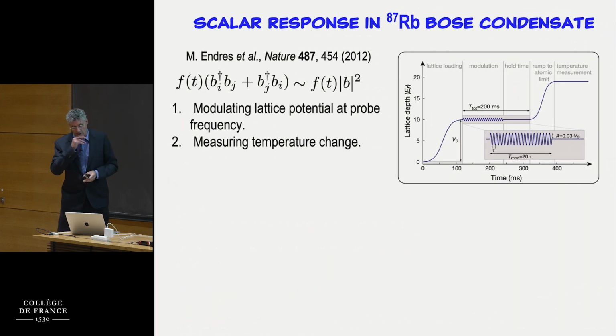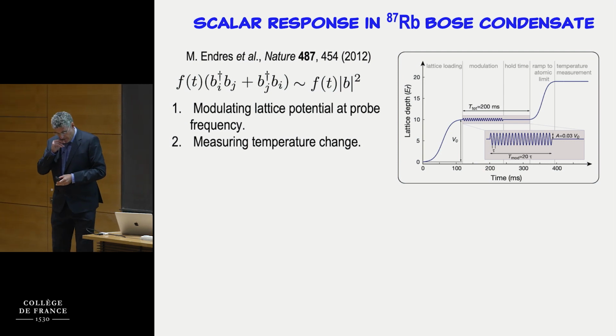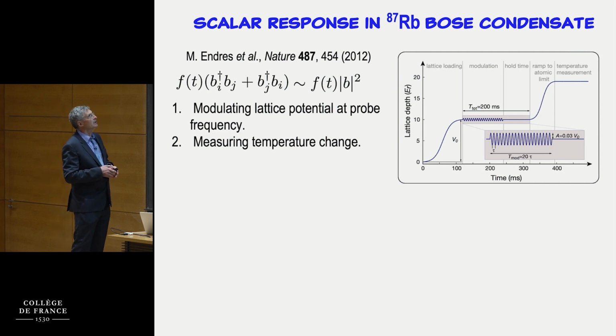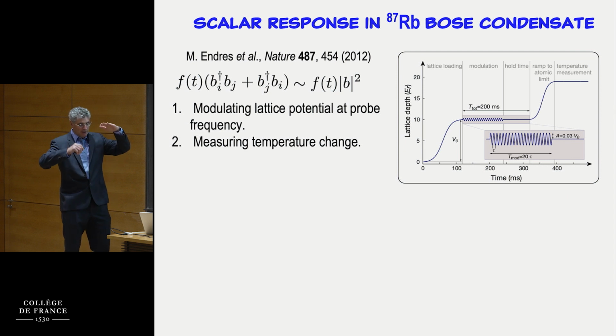Following our suggestion, Immanuel Bloch actually designed an experiment to measure the magnitude of the order parameter in cold atoms by a nifty method. He applied essentially a modulation of the lattice potential. By that, he essentially modulated the hopping matrix element, which is modulating, again, the order parameter squared at a certain time.